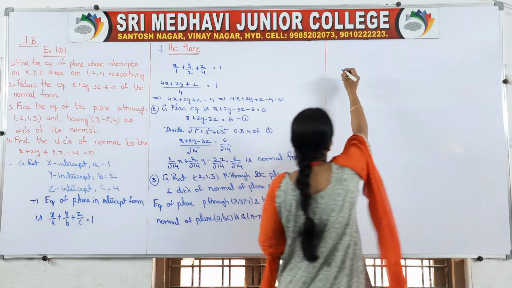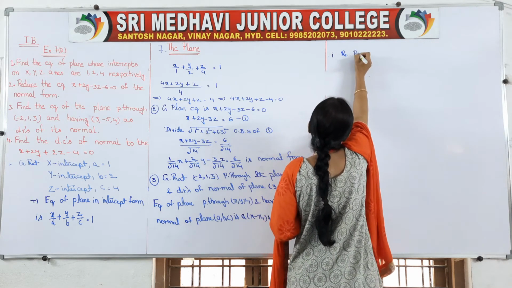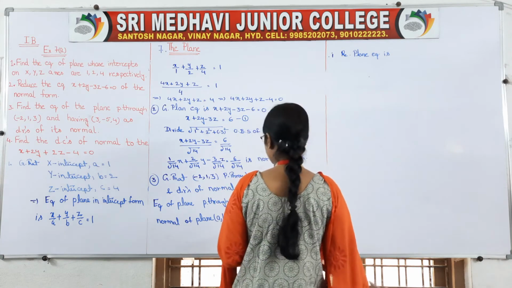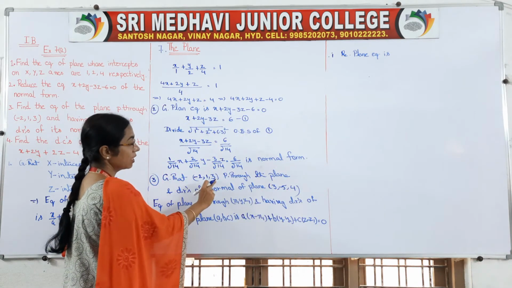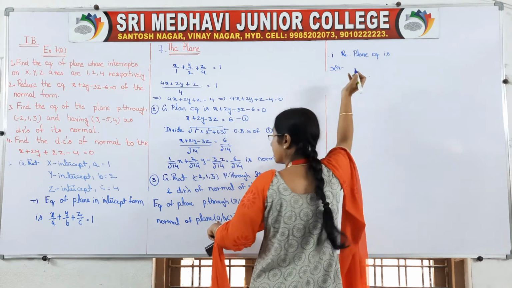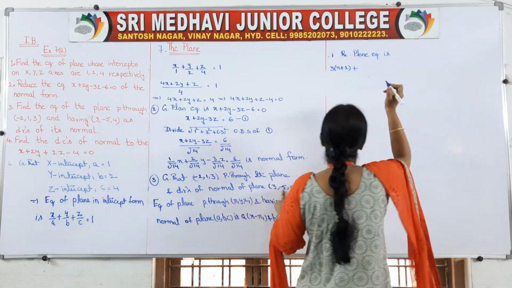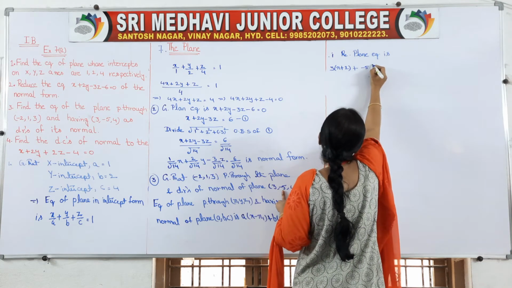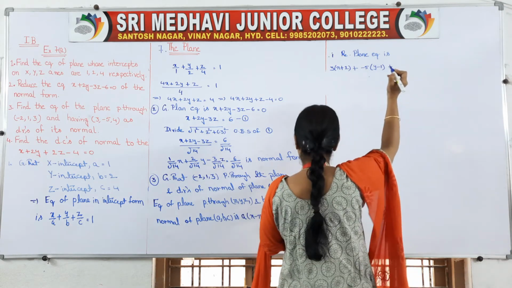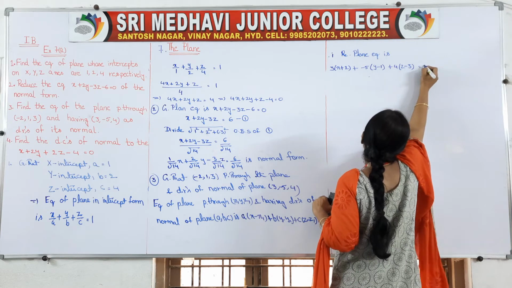Therefore, the required plane equation is: A, B, C are 3, minus 5, 4 and x1, y1, z1 are minus 2, 1, 3. So 3 into x minus of minus 2, that is plus 2, plus minus 5 into y minus 1, plus 4 into z minus 3 is equal to 0.